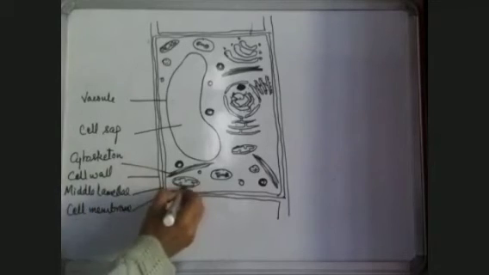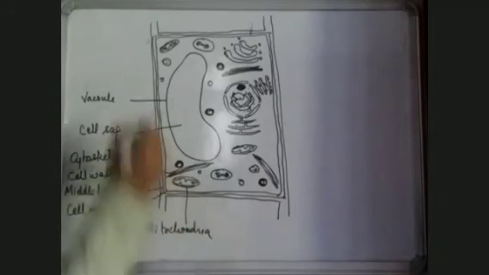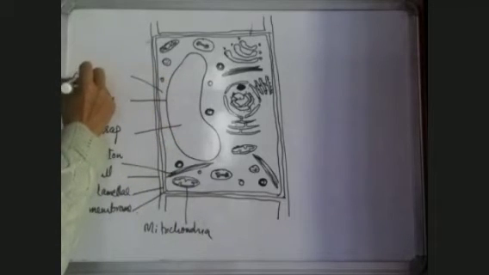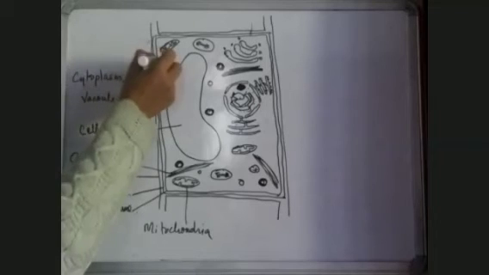Then we have this mitochondria. Inside we have the cytoplasm. Then these are lysosomes.